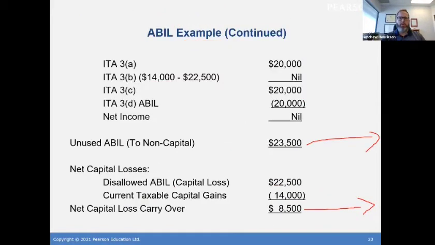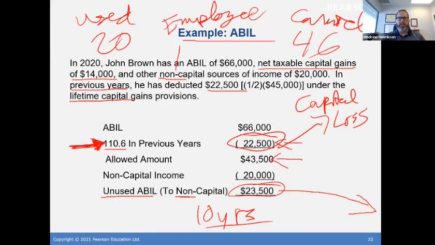So when we pop over here, this ABIL, that's how much we are claiming. In other words, the ABIL can only be claimed in the amount of 20,000 because that's our non-capital income that we want to apply it to.